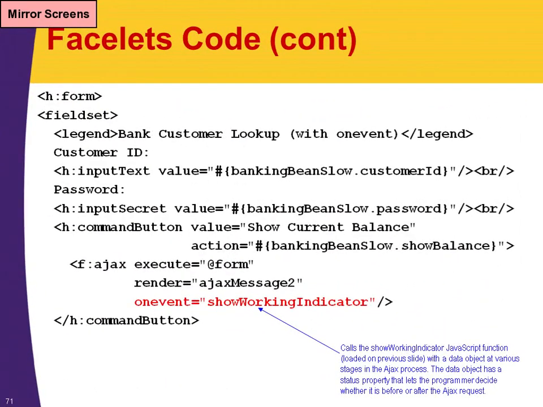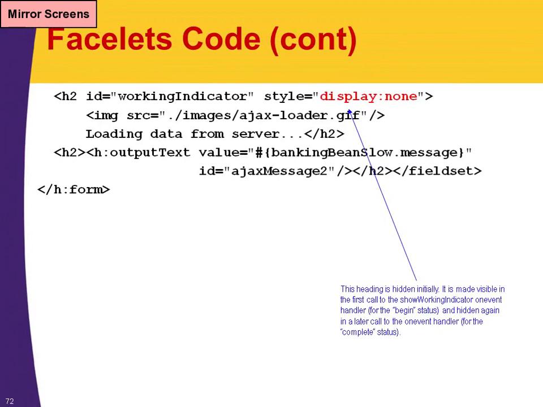Here, that function is called show working indicator. For whatever reason, we're expecting this to be slow, which is why we're doing this here. Matter of fact, we'll purposely slow it down so it actually works. So here is the working indicator, the actual icon itself, and there's a piece of text that goes along with it that says, working, please wait.